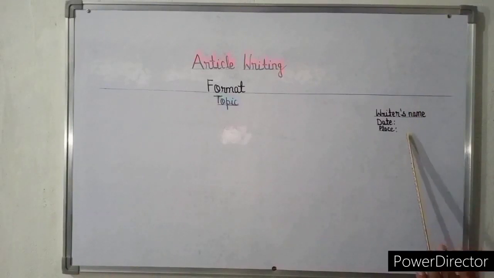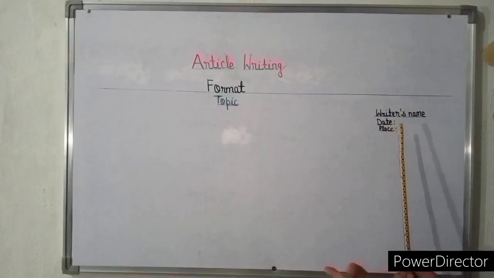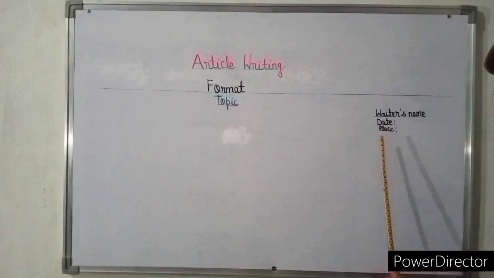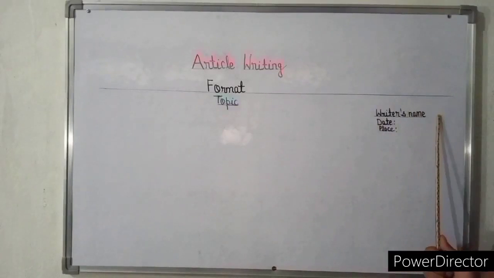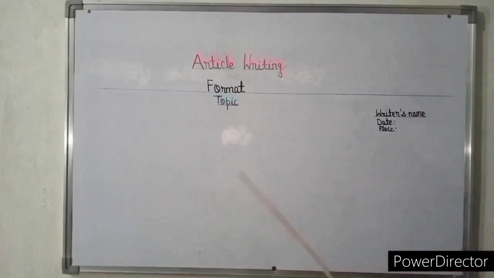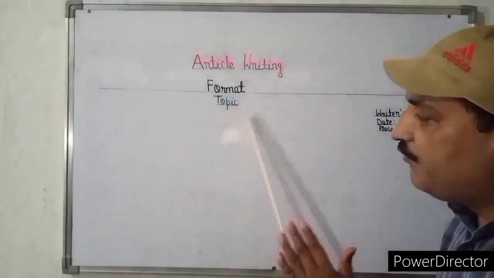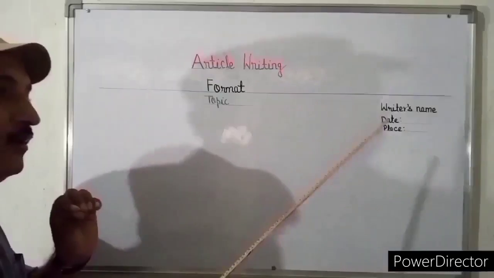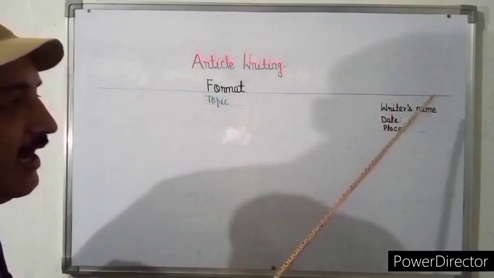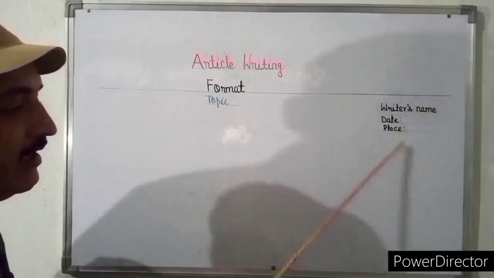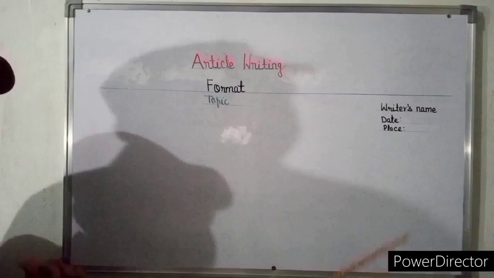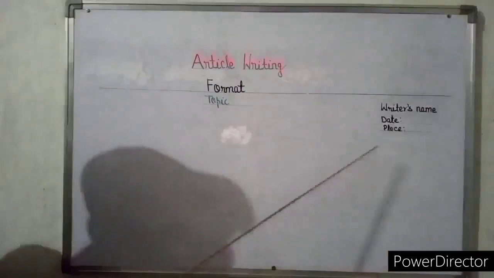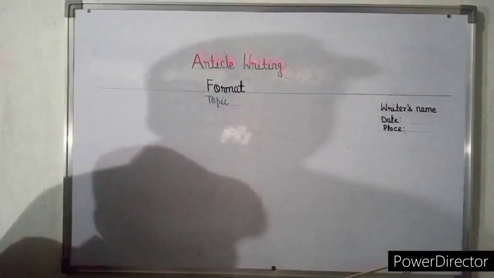Writer's name is also not required. Therefore you can write any name you choose except your own name, or you can write simply XYZ. That is good. Okay, so the format is very simple. Let me tell you that the writer's name, date and place can also be written at the end, after finishing your article.